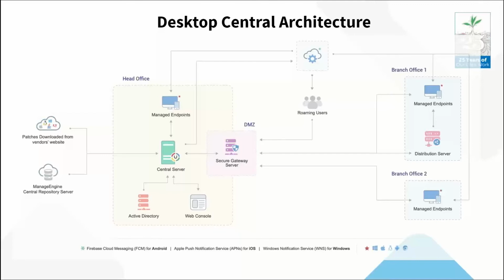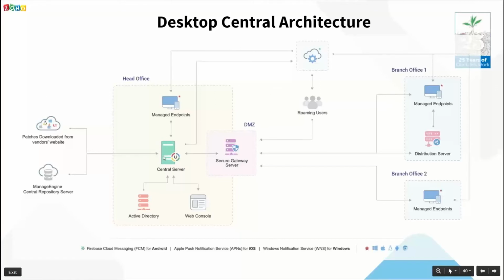And when it comes to wide area network, you can manage different remote locations from a single console, guys. They can connect either over the internet or using VPN or through an MPLS connection. For the machines that are present in the remote site, which are connected over a direct internet connection, remember I mentioned the secure gateway component. So this is the typical architecture which I was explaining.